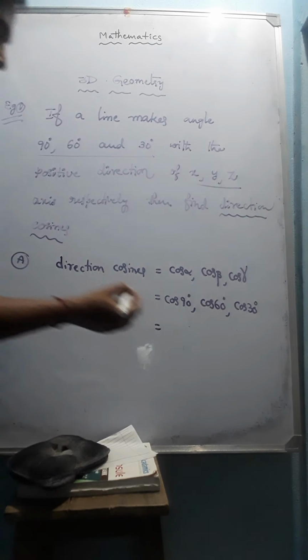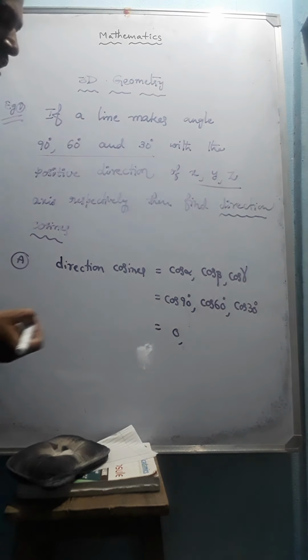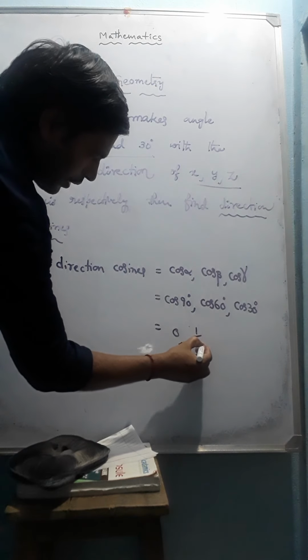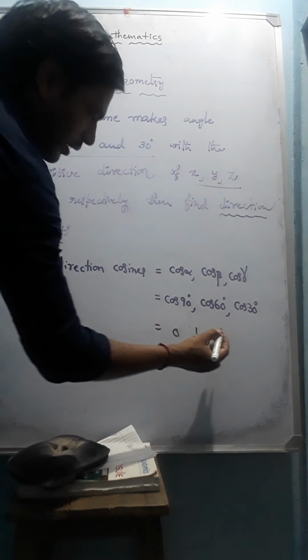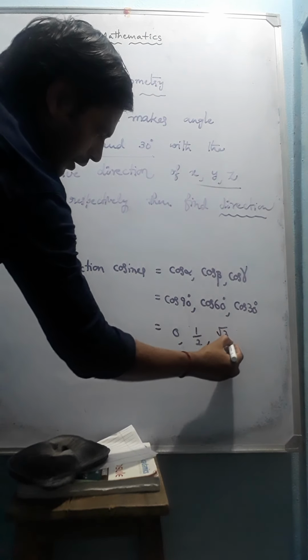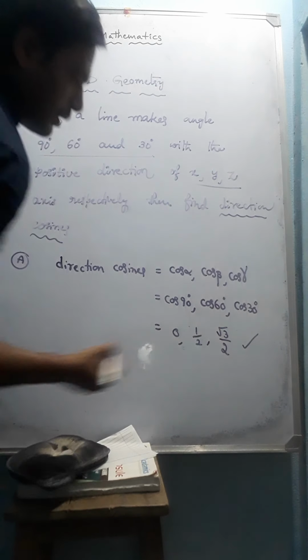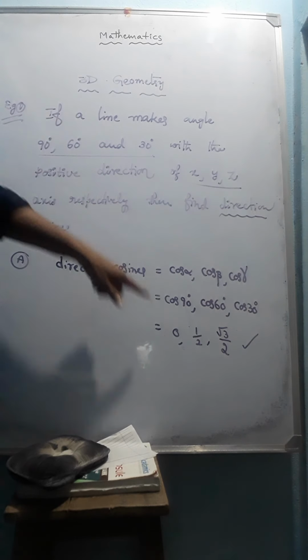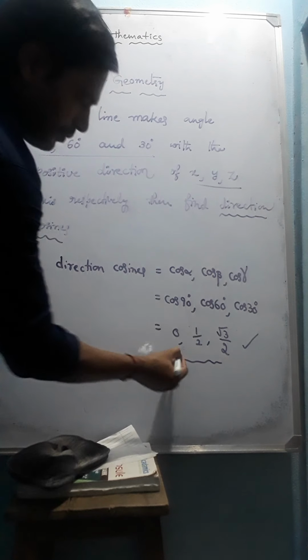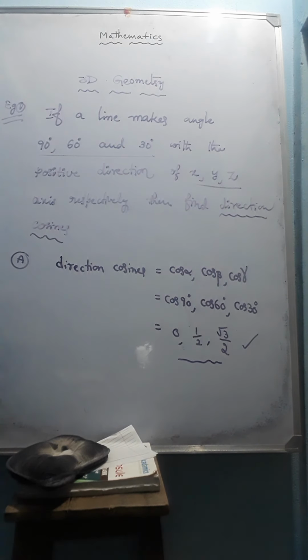So cos 90 is equal to 0. Cos 60 degrees value is equal to 1 by 2. Cos 30 degrees value is equal to root 3 by 2. Okay, so this is the given line's direction cosines. Write it fast.